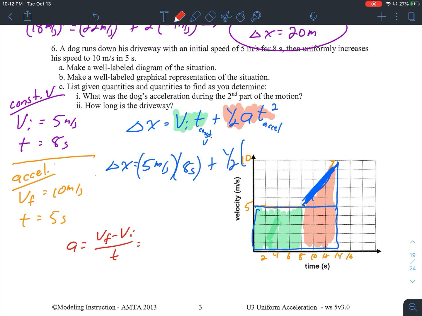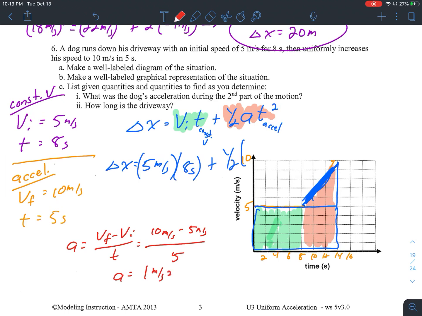We know our change in velocity, we went from 5 to 10 in 5 seconds, I believe. Double check. Yeah. So our acceleration was only 1 meter per second squared.